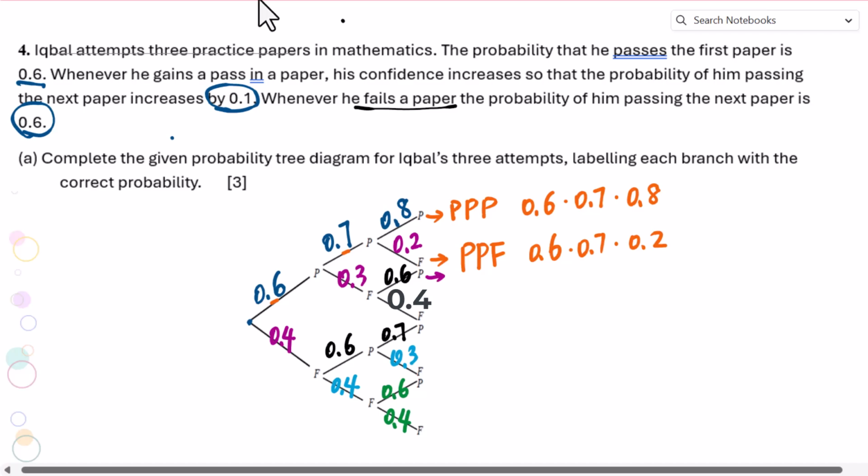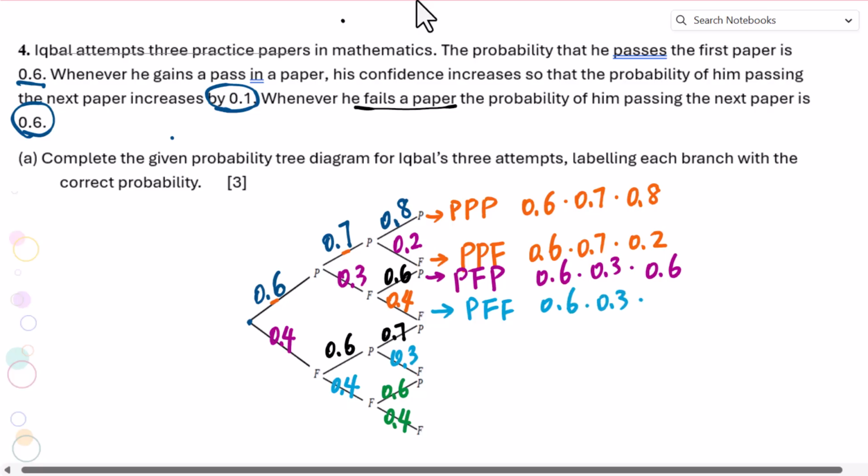For this path, PFP. 0.6 times 0.3 times 0.6. This path, PFF. 0.6 times 0.3 times 0.4.